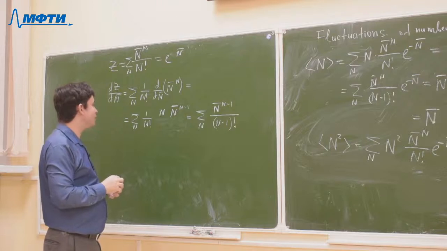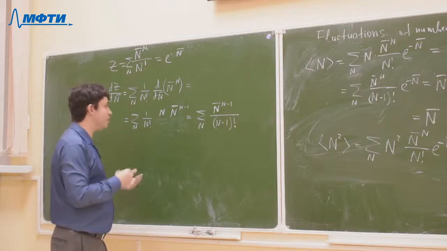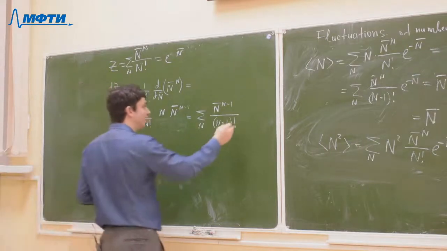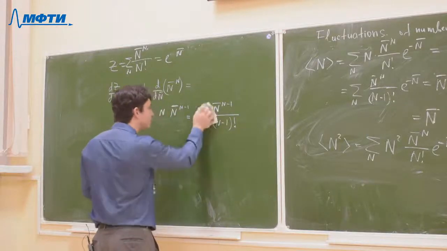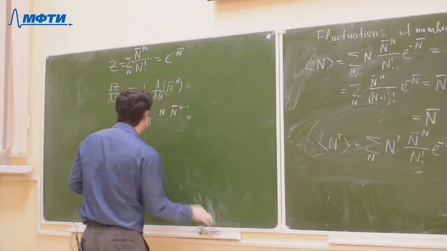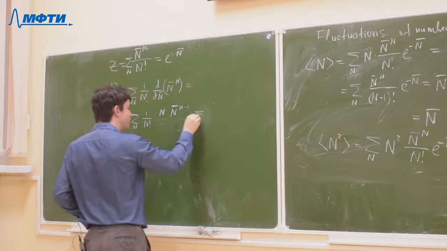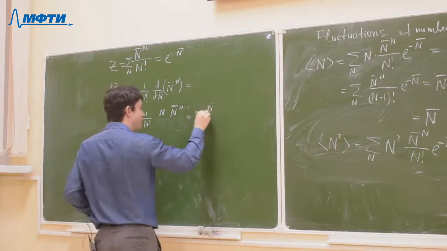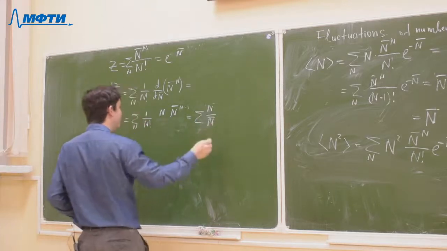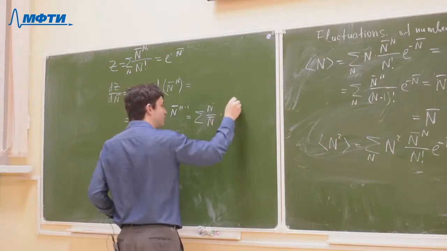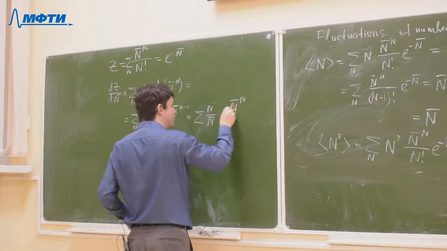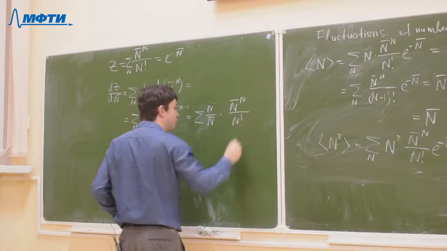Or we can actually say, in other words, that we can do the following transformation: this is the sum of n over n average multiplied by n average to the power n over n factorial.